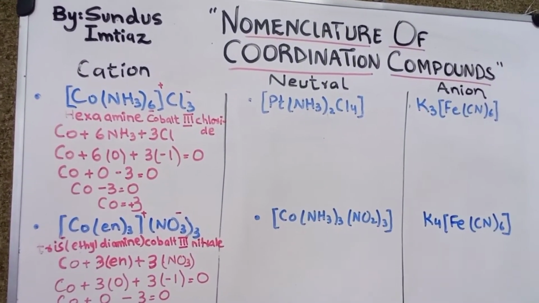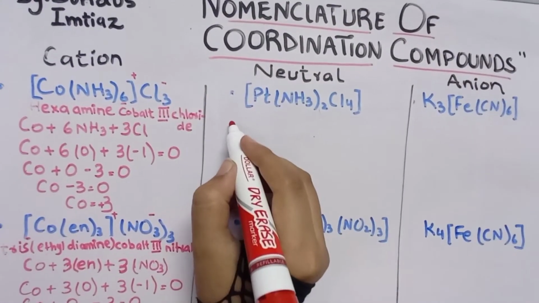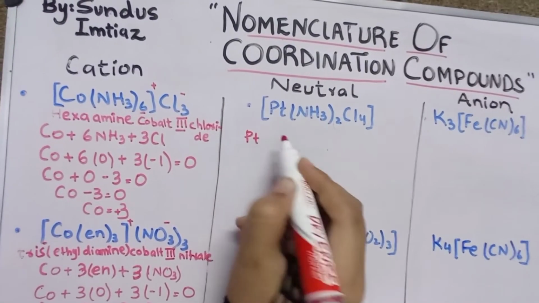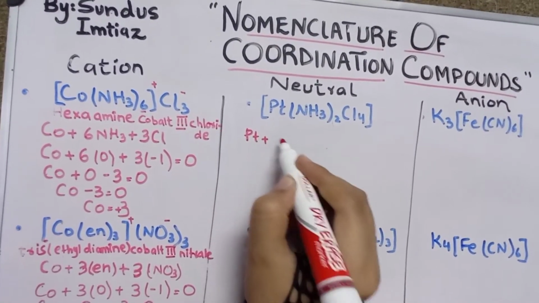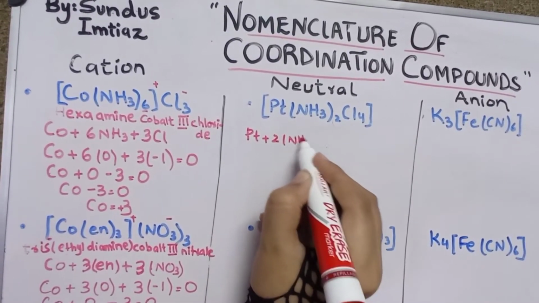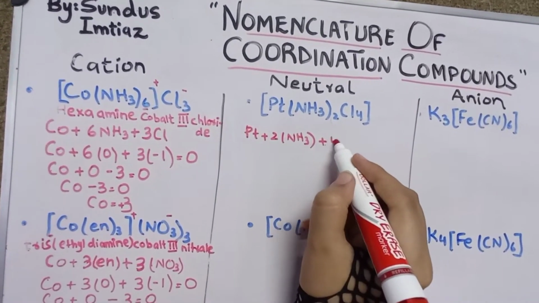Now let's move towards neutral compounds. The same thing would be applied here. Platinum plus 2 amine plus 4 chlorides.